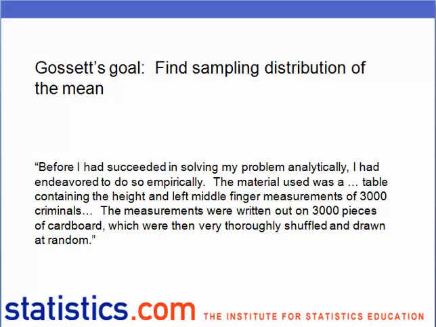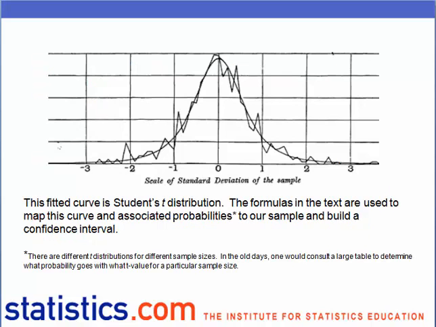The measurements were written out on 3,000 pieces of cardboard, which he shuffled, and then he drew them out at random in samples of 4, and then he calculated the mean of each sample of 4 and plotted it, standardizing it first, subtracting the mean and dividing by the standard deviation. That's that jagged line you see in this figure.